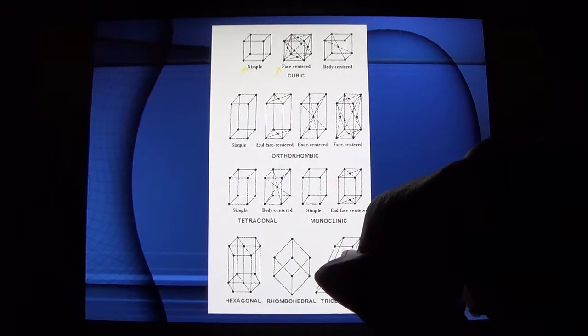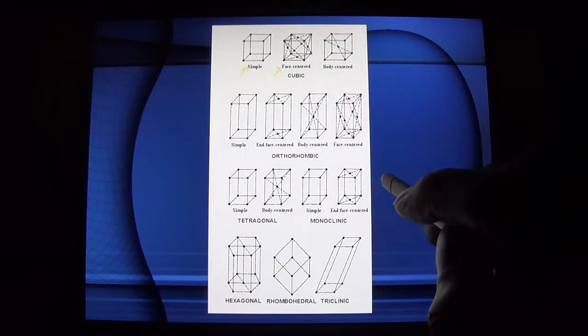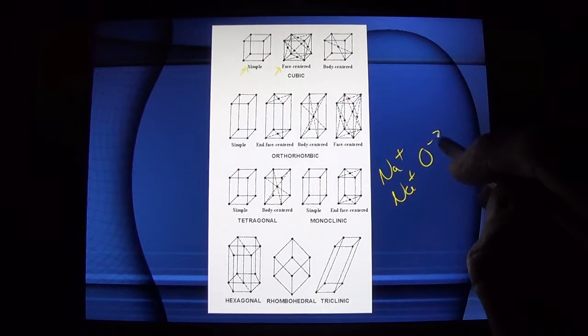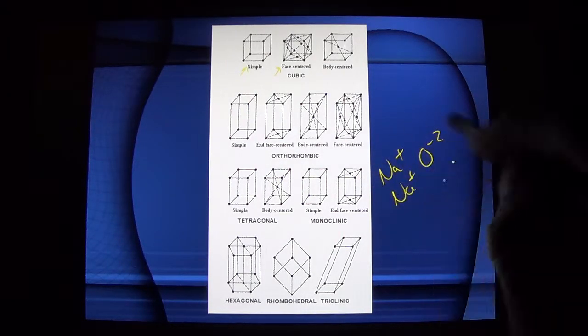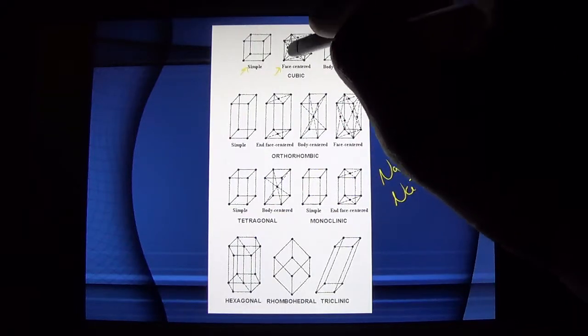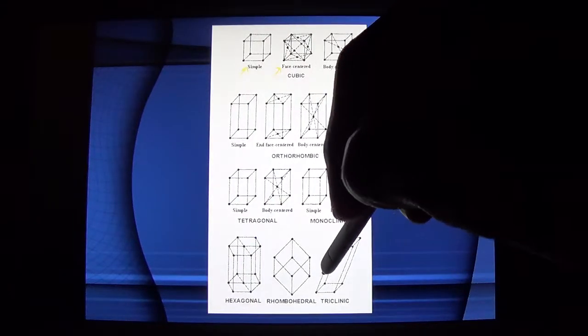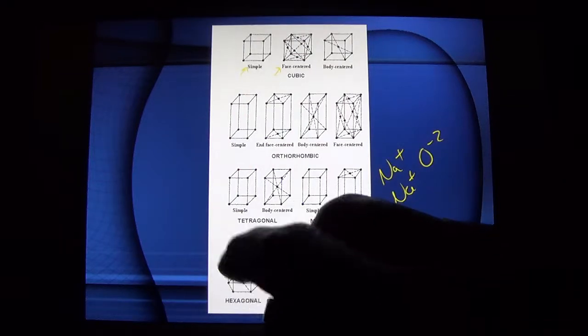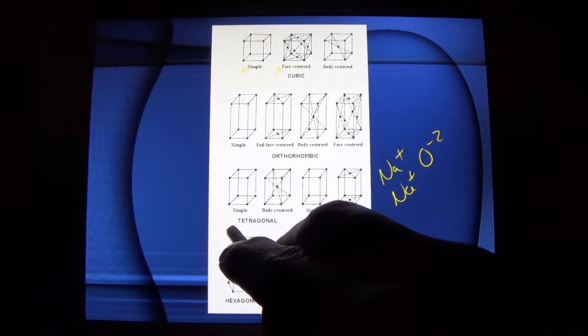Well, you can't. But remember how I gave the example of sodium needing 2 sodiums to every oxygen? Well, that combination is not going to make a shape like this. It would make one of these other shapes. So very much depending on the charges and the types of elements involved, you'll get different shapes. For instance, water makes a hexagonal shape.